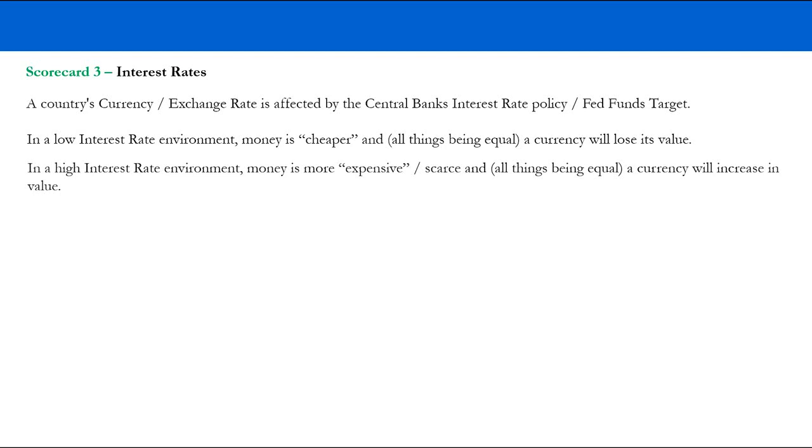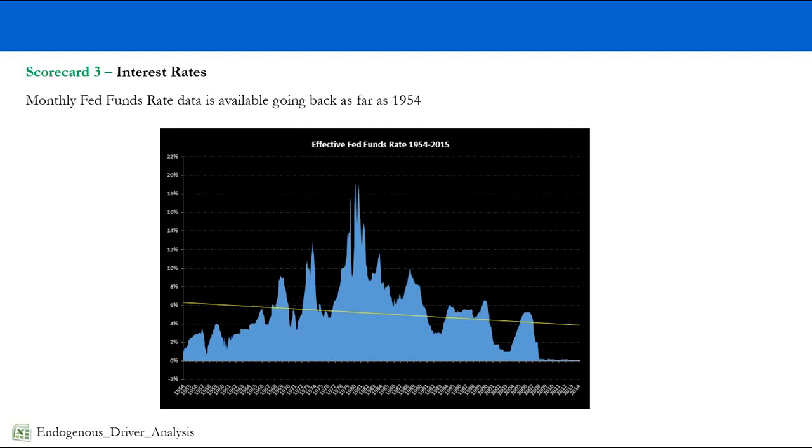And all things being equal, a currency will lose its value due to inflation. And in a high interest rate environment, the opposite is true. Money becomes more expensive, and money becomes more scarce. So all things being equal, a currency will increase in value.